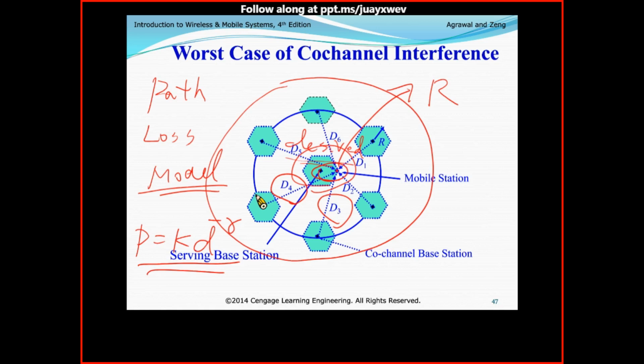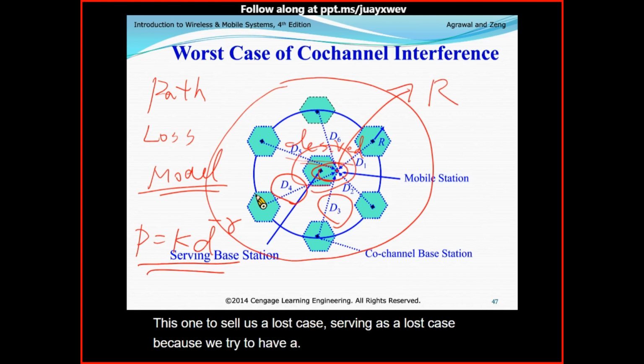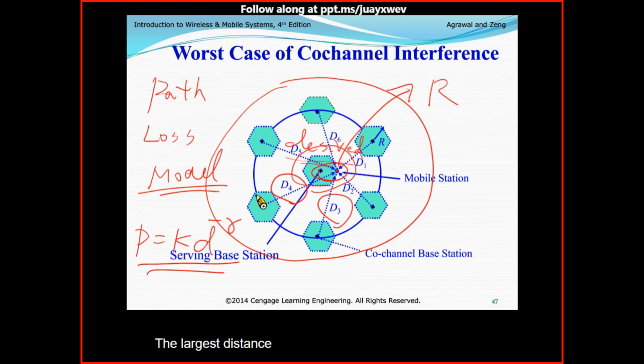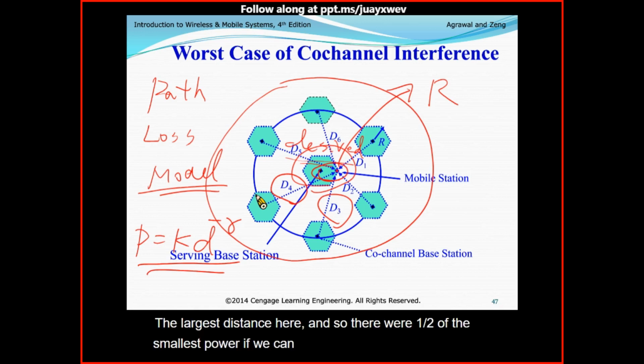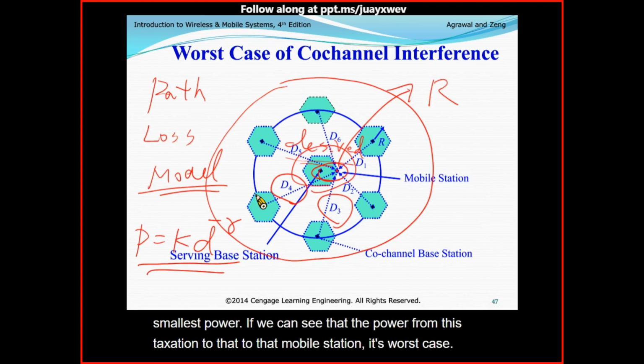Because we try to have the largest distance here, so that we will have the smallest power, if we consider the power from this base station to that mobile station. So it's the worst case. The corner, the vertex of the hexagon, will be the same.